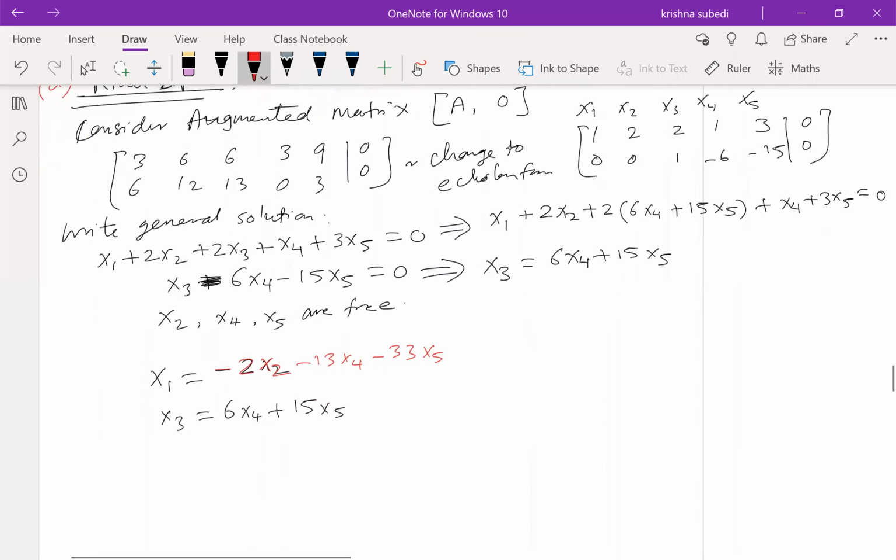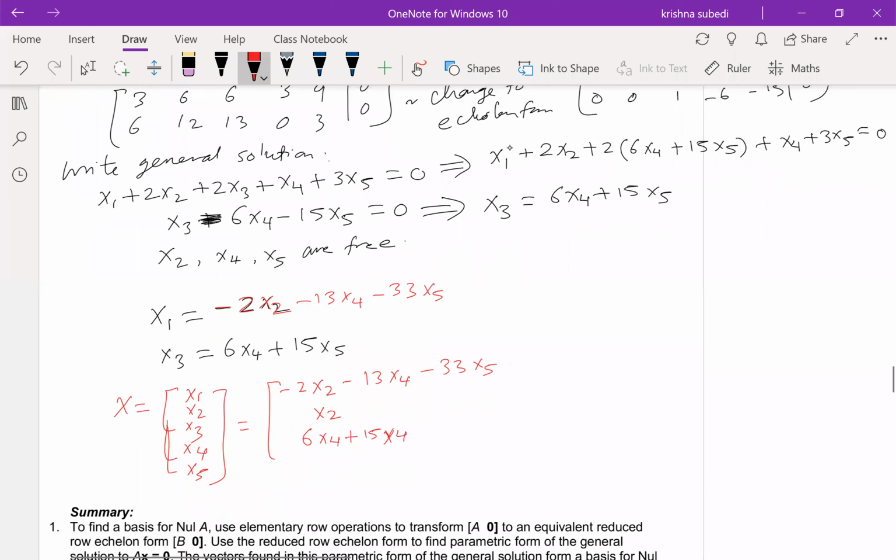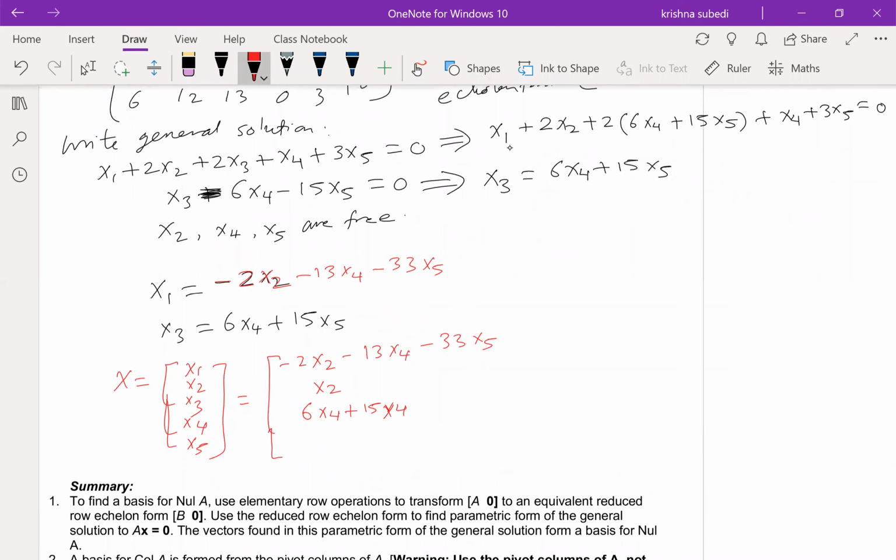Then x can be written as x1, x2, x3, x4, x5, which can be written as minus 2x2 minus 13x4 minus 3x5. x2 is free, so we just write x2 as it is. x3 is 6x4 plus 15x5, and x4 is free and x5 is free.